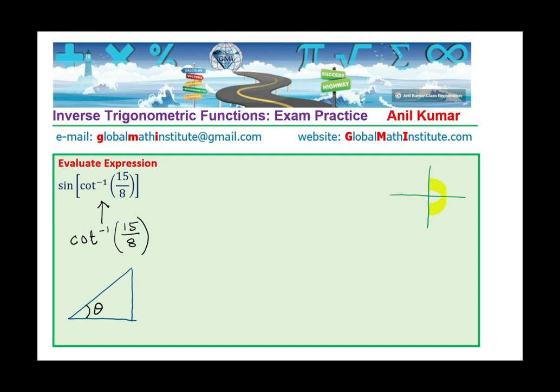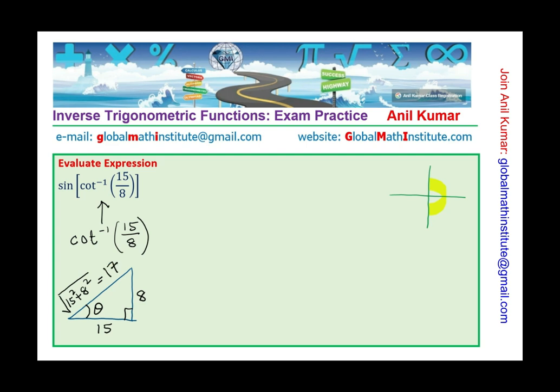So cotangent theta is equal to 15 by 8. So in this right angle triangle, you can find the hypotenuse, which will be square root of 15 square plus 8 square. And that gives you a value of 17, correct?